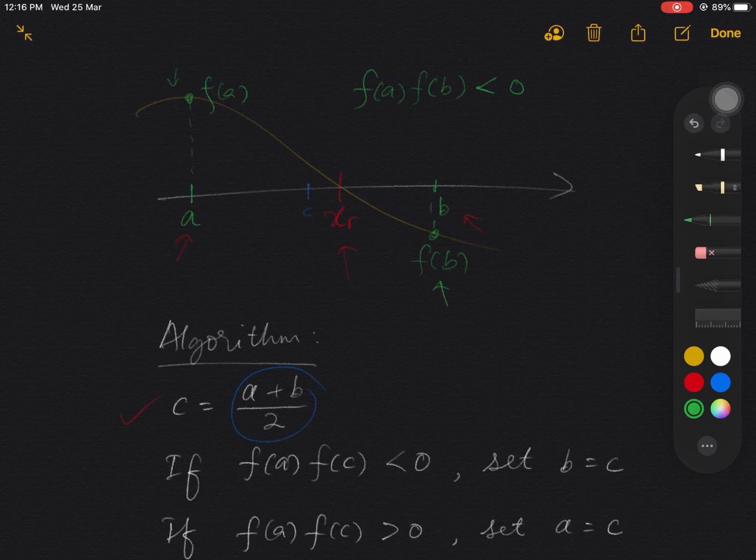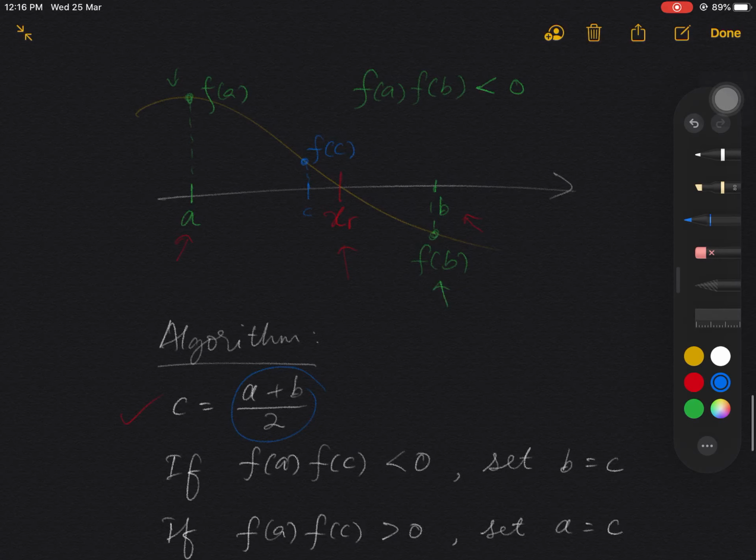So if FA and FB have opposite signs, the product is negative, and we can conclude that there is a root between A and B. Back to the explanation. Now we examine the value of FC, the function when the angle equals C.